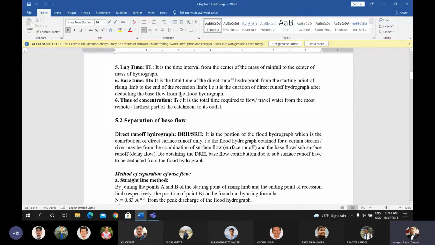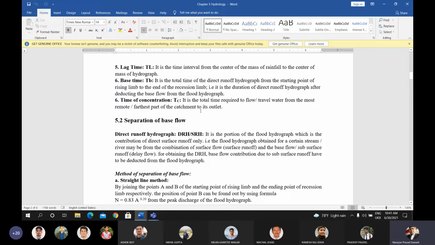Okay, this is the total time elapsed by the water that travels from the farthest point of the catchment to reach the inlet of the river. That is the time of concentration.